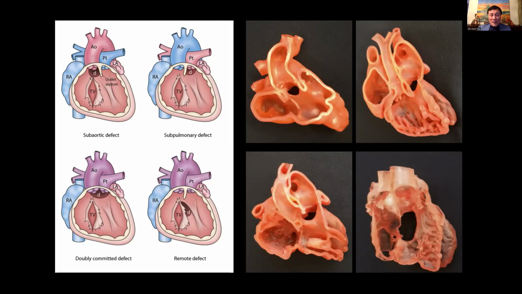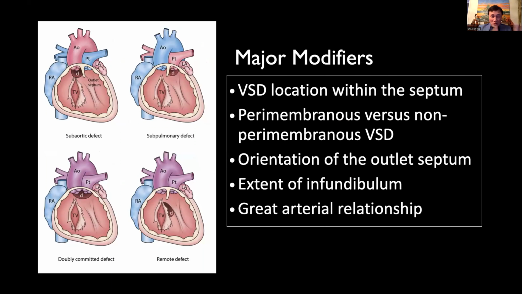Okay. So we can divide it that way, but there are a significant number of modifiers. The VSD location is most frequently between the posterior and the anterior limb, cradled there, but not always; far from the majority, it is frequently not there.